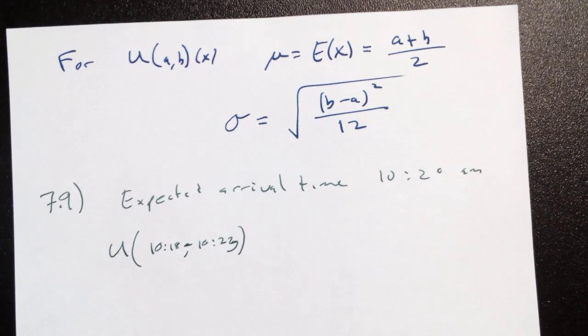So if it turns out that this is the actual expectation after measuring a bunch of these buses, and it's uniformly distributed, when should we get the bus to arrive?